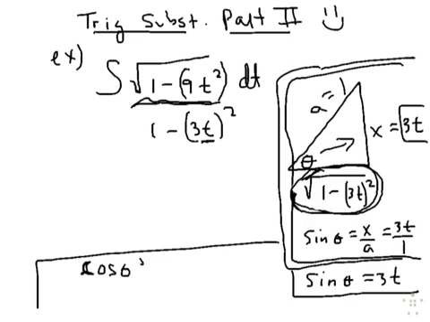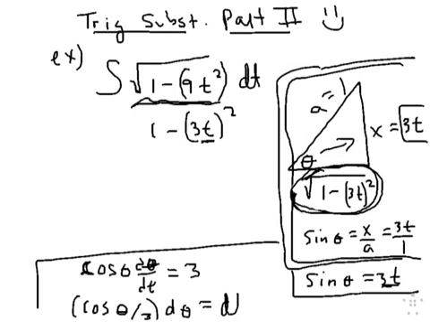So we'd have cos theta d theta dt equals and then the derivative of 3t is just 3. And then so you can manipulate that to say that cos theta over 3 d theta is equal to dt.